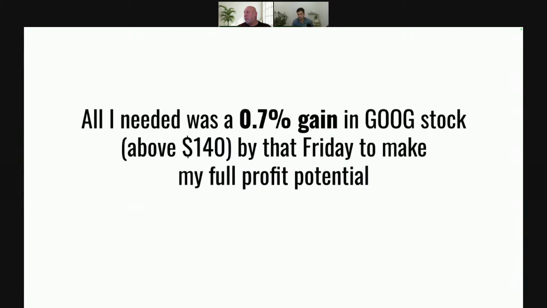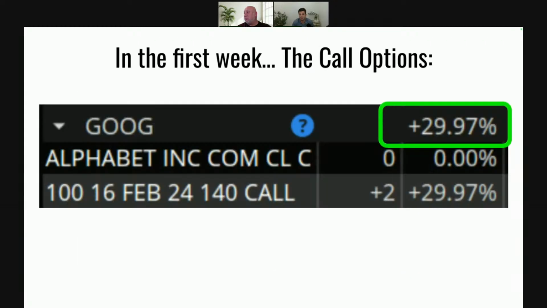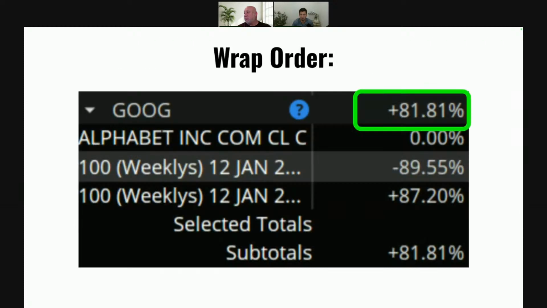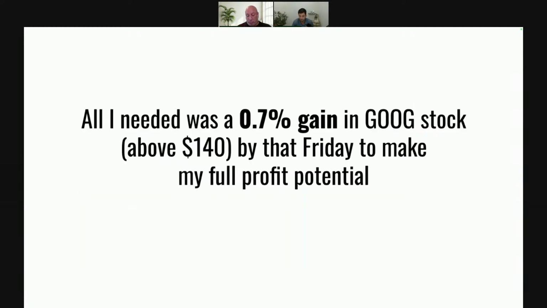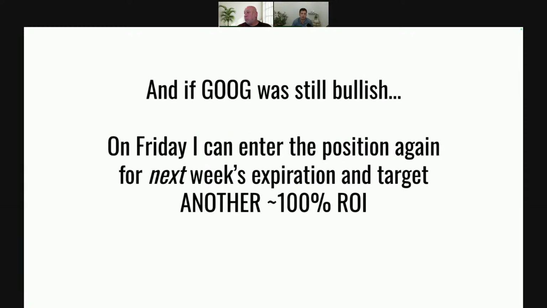So in this example right here, it's about 3 times the result just by using a slightly different options play. And all I needed was a 0.7% gain in Google stock by that Friday to make my full profit potential. I did not need a huge move, just needed a fraction of that. And if Google was still bullish, here's the cool thing.